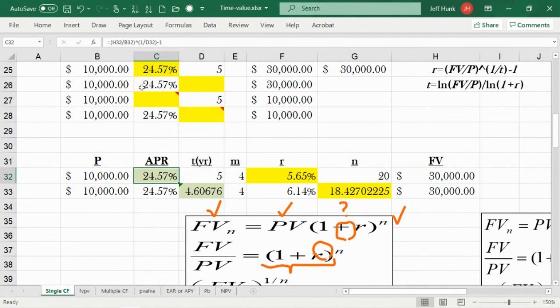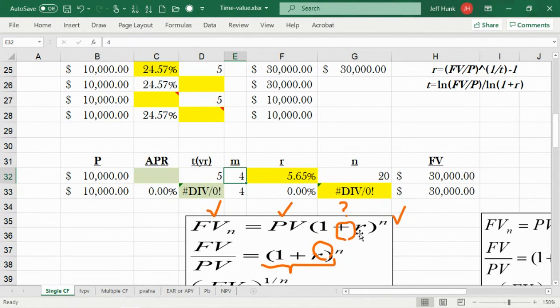But look, this is not right. This is wrong. Why? Because you're not considering that this is quarterly compounding, not annual compounding.